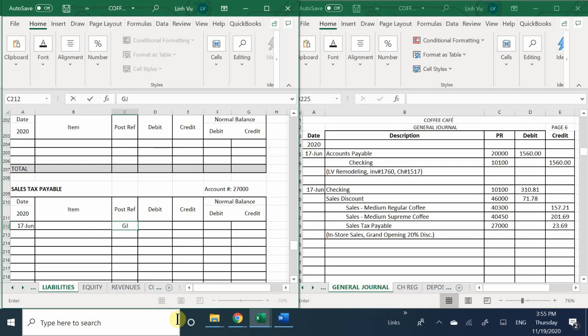Post reference. This is Journal 6, and then the credit column for the 2369. 2369. Okay, and let's see here.